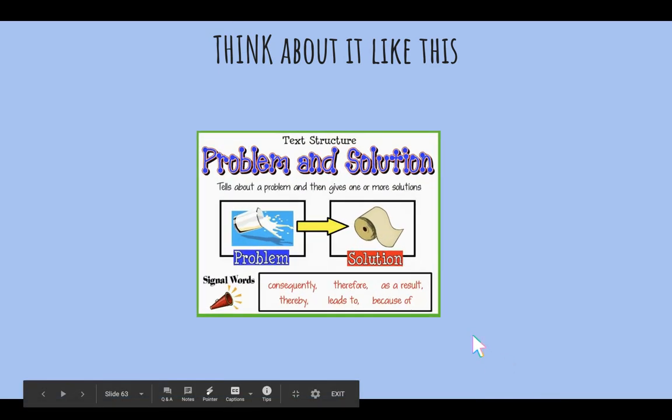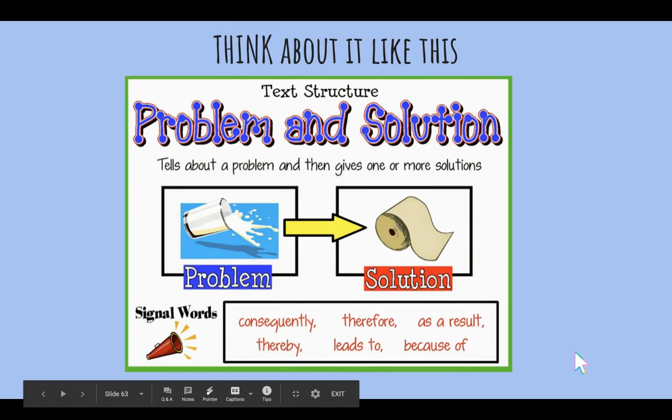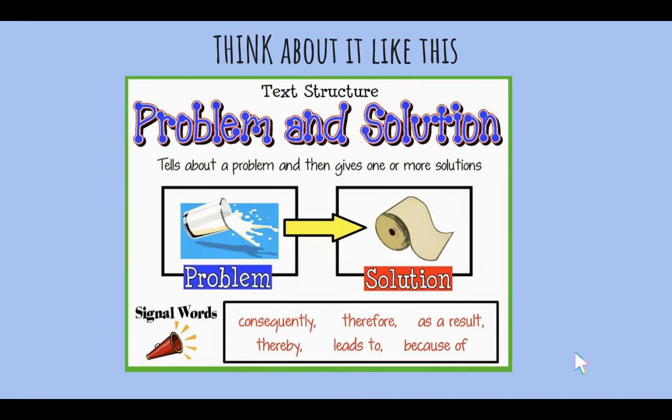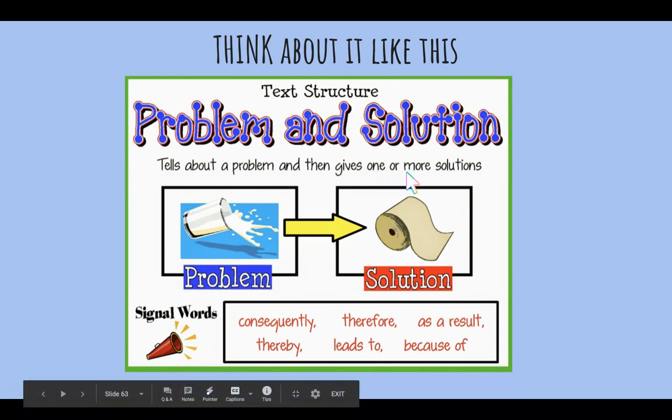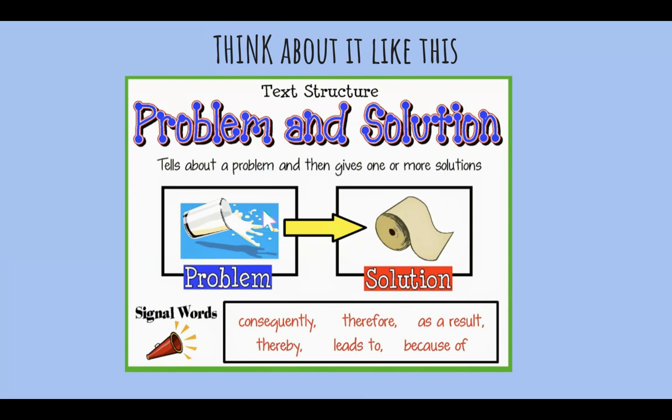All right, so I want you to think about it like this. Problem and solution. We've heard this before plenty of times. Problem and solution is a type of text structure. It tells about a problem and then gives us one or more solutions. Look here, our problem is what?